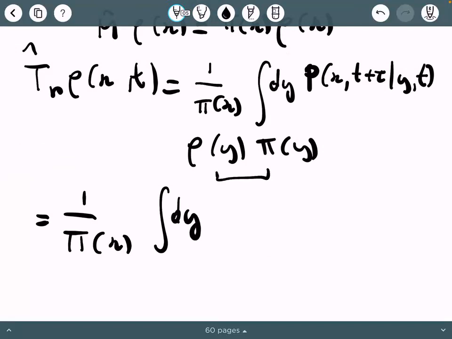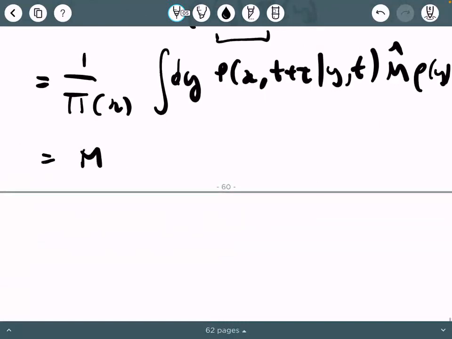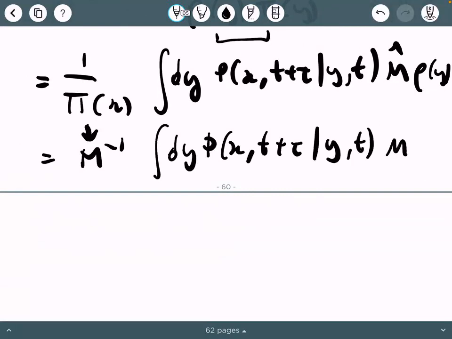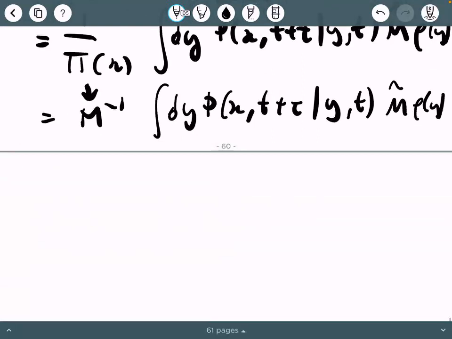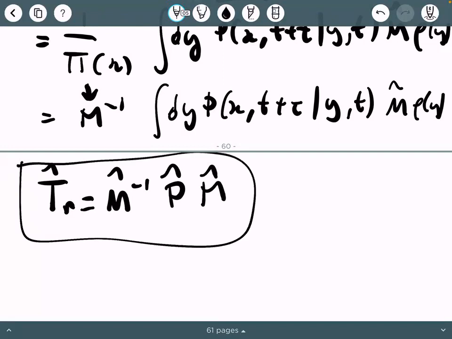I can say that this is actually p(x,t+tau | y,t), M acting on rho, which is actually M to the minus 1 times the integral dy p(x,t+tau | y,t) M rho(y). This gives us the important identity: M to the minus 1 P M, which is another way of proving that the transfer operator is operationally written as the propagator of the backward Kolmogorov equation.